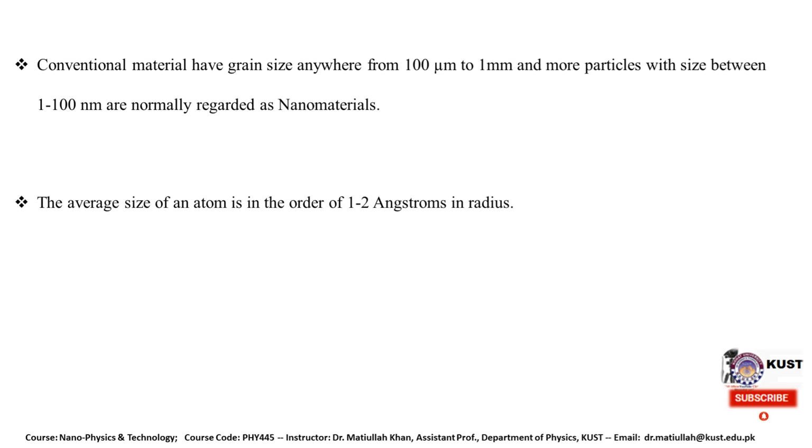The average size of an atom is of the order of 1 to 2 angstrom. 1 nanometer is equal to 10 angstrom, or 1 angstrom is equal to 10 to the power minus 1 nanometer. This is the relationship between angstrom and nanometers. Normally, in 1 nanometer there are 3 to 5 atoms.